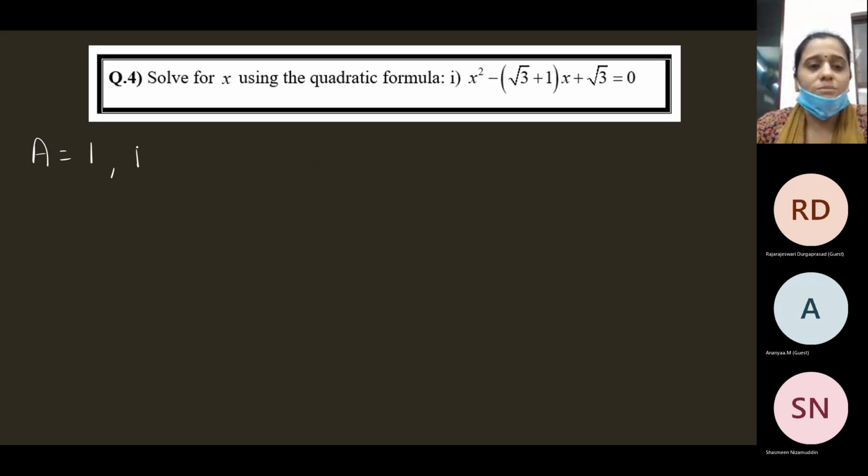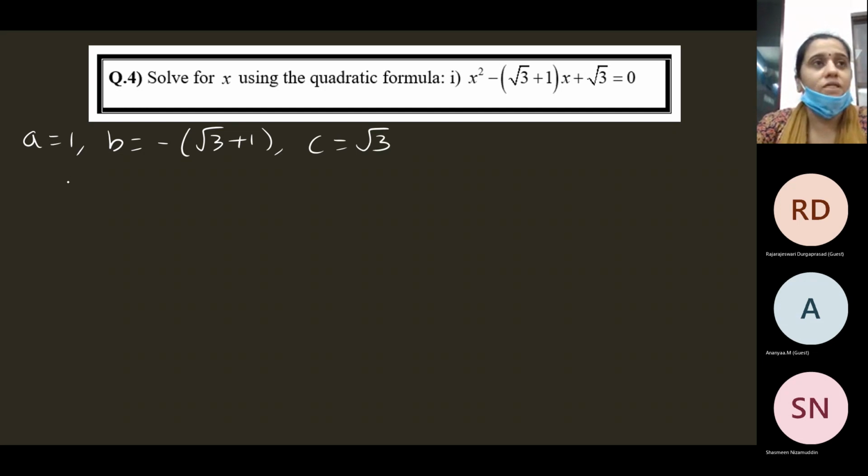A is equal to 1, B is equal to minus of root 3 plus 1, and C is equal to root 3. D is equal to B square minus 4AC.